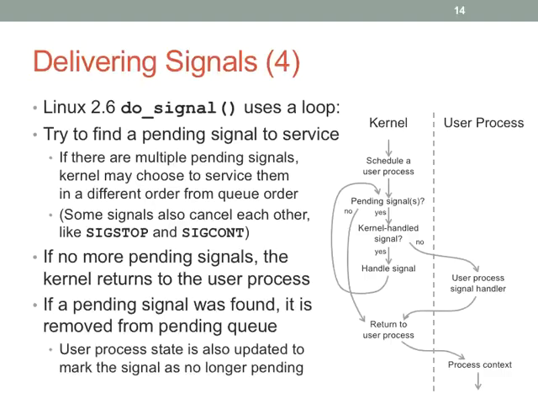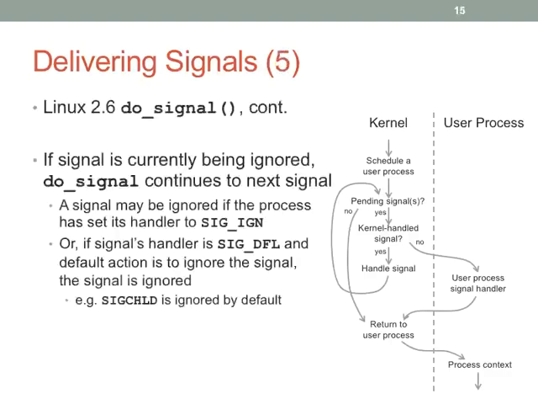And of course, if a pending signal is found, it's removed from the pending queue. This is kind of important, that you'll notice the signal is removed from the pending queue right at the beginning of this mechanism. That becomes important later on, so I just want to make sure that I point that out. It's possible that the signal is being ignored.